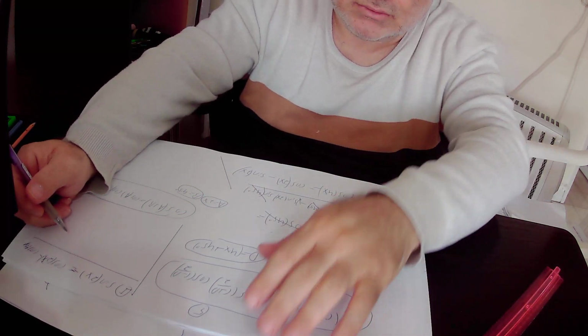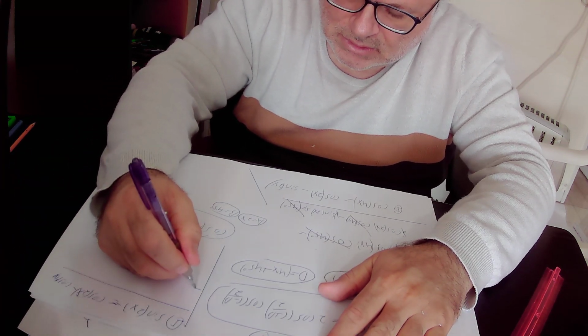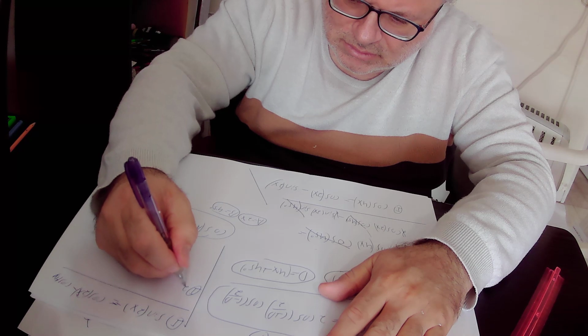You know that sine 2x equals 2 sine x cosine x, so I'll write it down.